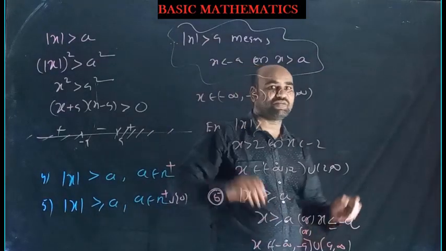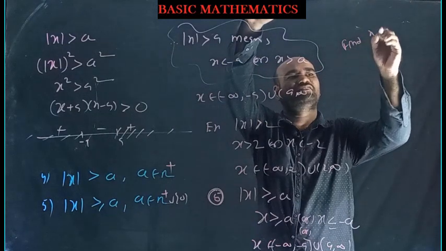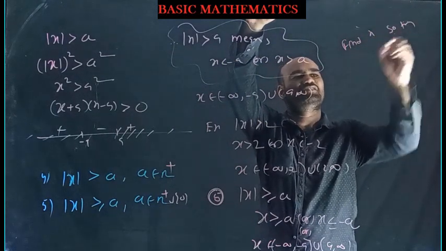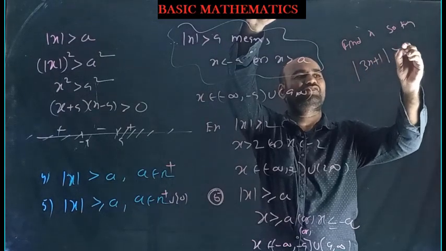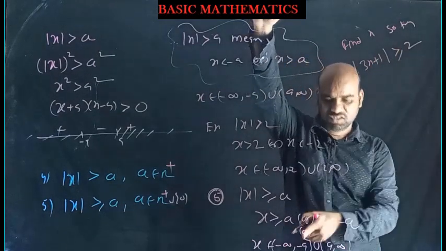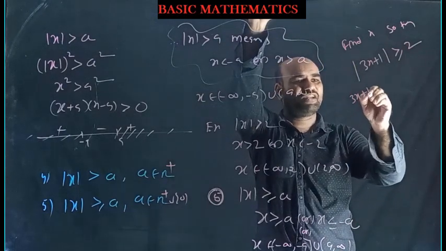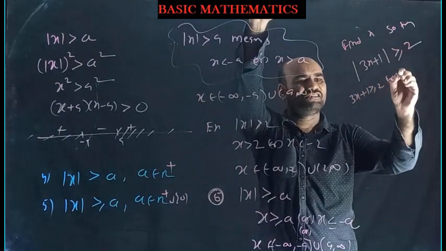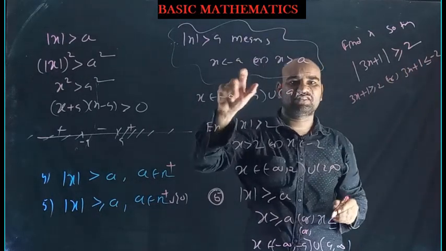Okay, now an example problem. Find x so that mod of 3x plus 1 is greater than or equal to 2. This is a modulus. What can you write now? 3x plus 1 greater than or equal to 2 or 3x plus 1 lesser than or equal to minus 2, according to the definition.